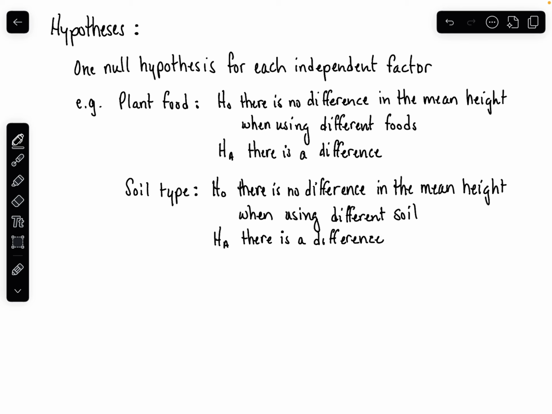So there is one null hypothesis for each independent factor. There is then a third null hypothesis, a third test that is being done at the same time as the other two. And that is for the interaction between the two factors.